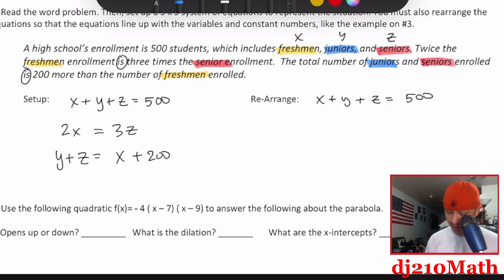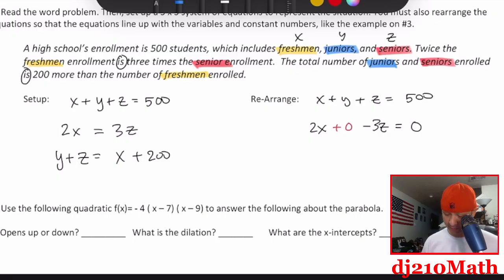Okay, the second one, we have 2X equals 3Z. Well, I need the 3Z to be on the same side as the X, so I'm going to subtract it. So minus 3Z. Not only that, but I'm lining it up with the other Z variable. Notice that there is no Y variable, so I'm just going to put a 0. And then when we move the 3Z, there was a 0 left.